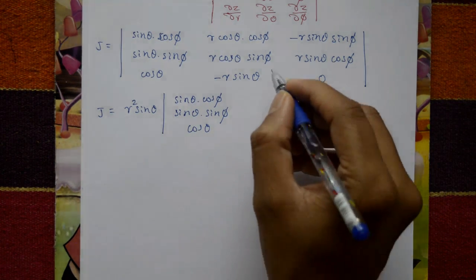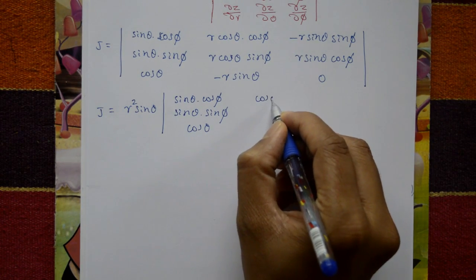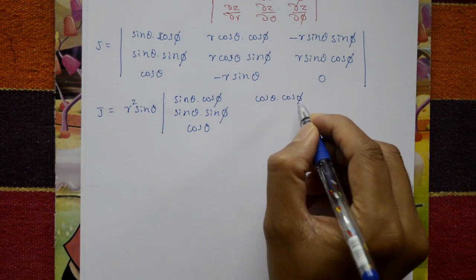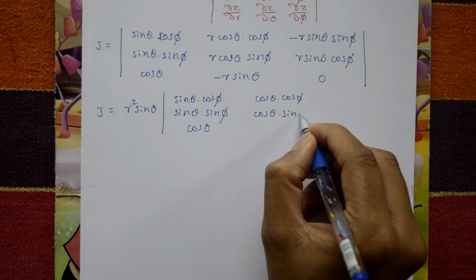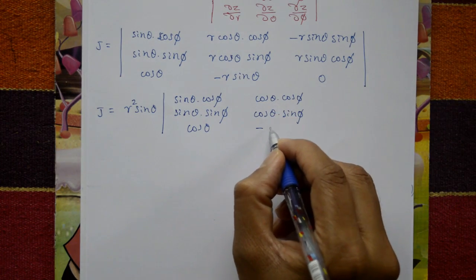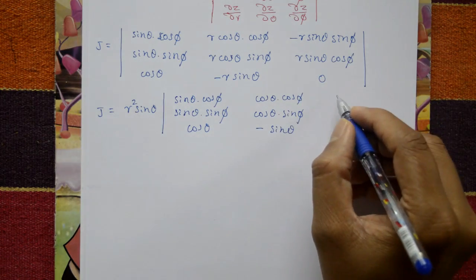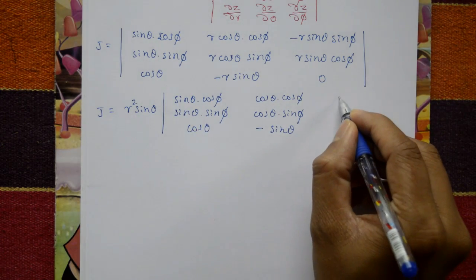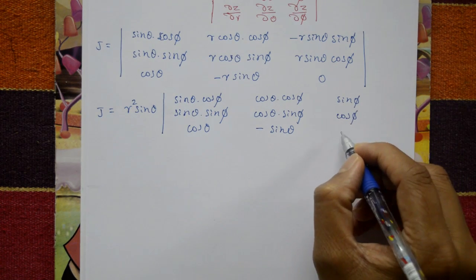The second column with r taken common: cos theta cos phi, cos theta sin phi, and minus sin theta. In the third column with r sin theta taken outside, the remaining is minus sin phi, cos phi and 0.